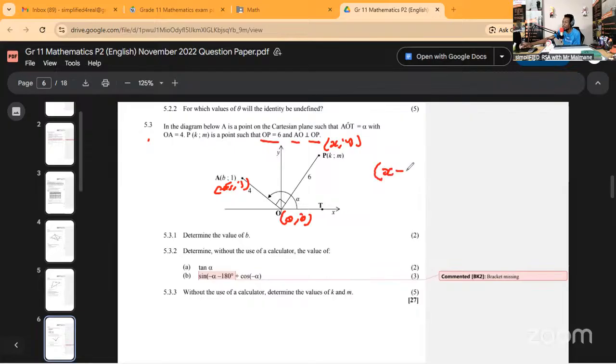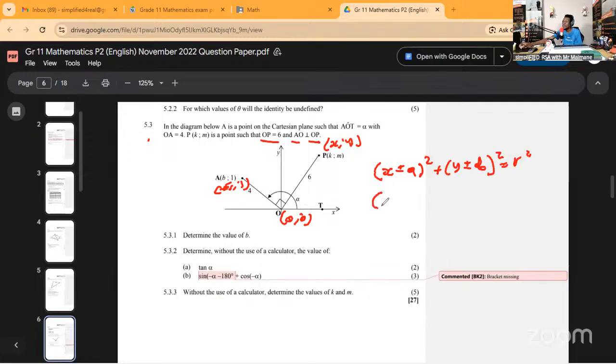The general formula for a circle, for those who know, says x minus a squared plus y minus b squared, well, it could be plus or minus, doesn't really matter, is equal to r squared.